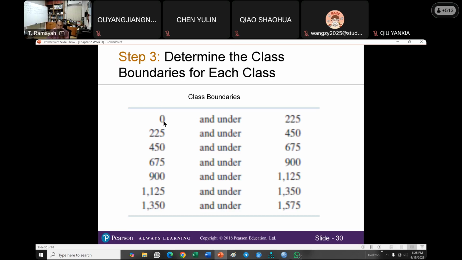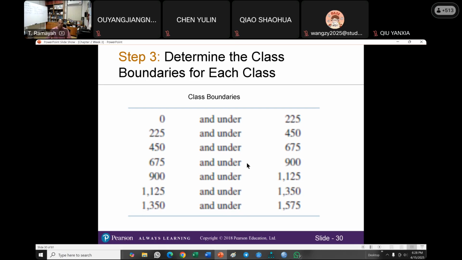The lower value is 0 and up to 225, but under 225. 225 up to 450 will be class number 2. 450 to 675 will be class number 3. And 675 to 900 will be class number 4. 900 to 1125 will be class number 5. And then class number 6 and class number 7.